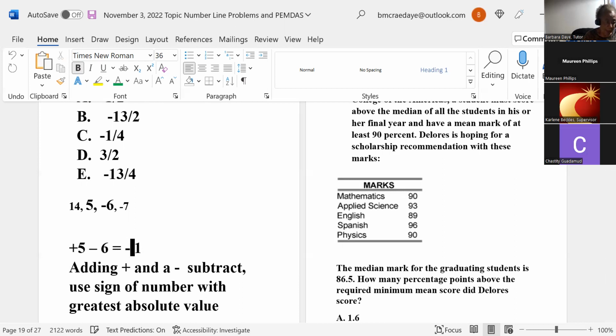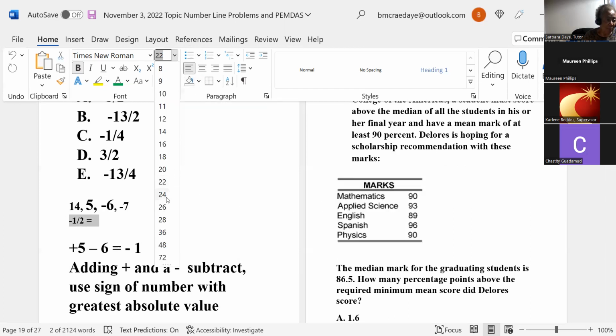That's your answer, a -1. Now, when you take that -1 and you divide it by 2, so that's -1 divided by 2, what's that equal to? Just a -1/2. That's it.